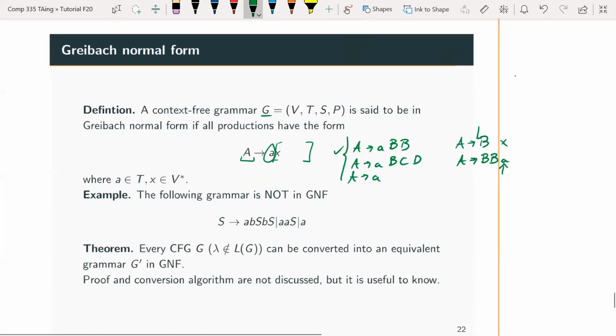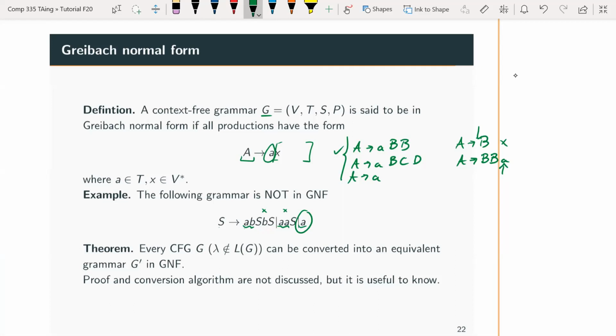So for instance, here, S gives me this set of production rules. These two violate Greibach normal form because, in the first two cases, you have 2 terminals instead of a single one, which is a violation. However, if you have a single terminal on the right, then that's not a violation of Greibach normal form. That would be okay.